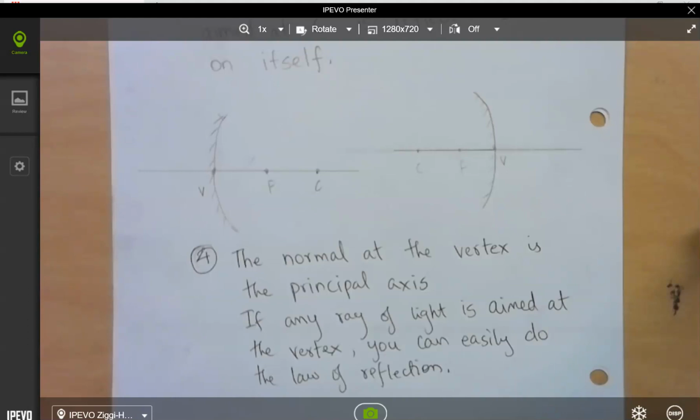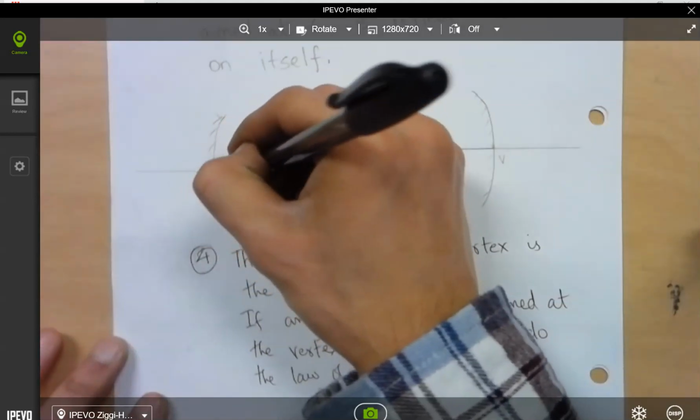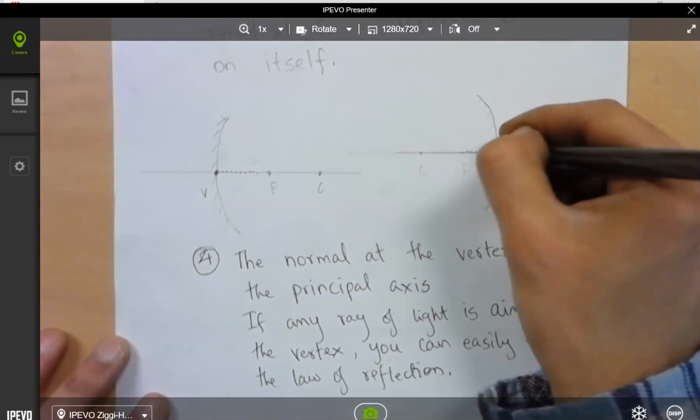We're just calling them rules because it's easier to learn this than sit and draw a normal every time and measure angles with a protractor every time. But what this says is the normal at this vertex point is equal to the principal axis.